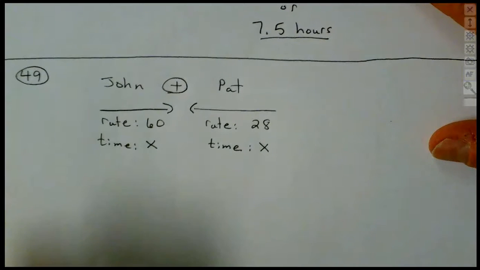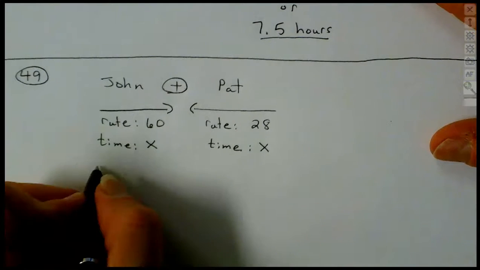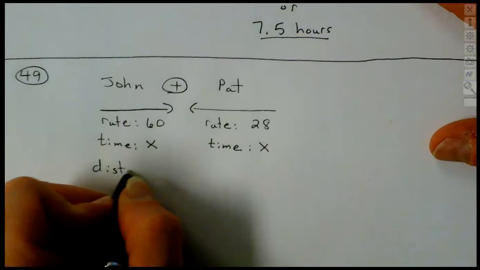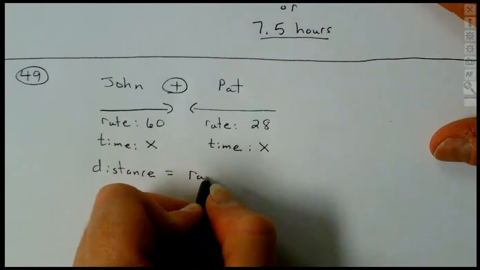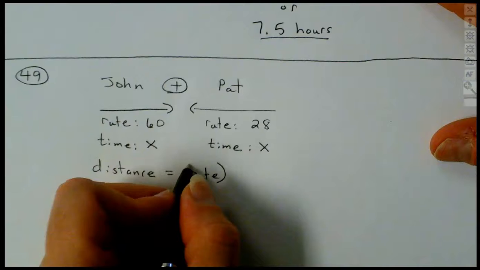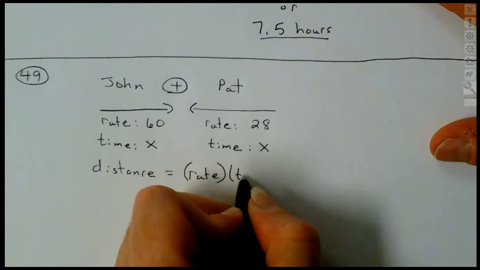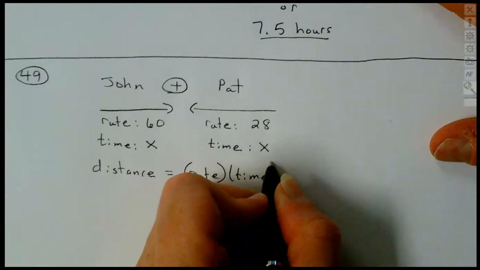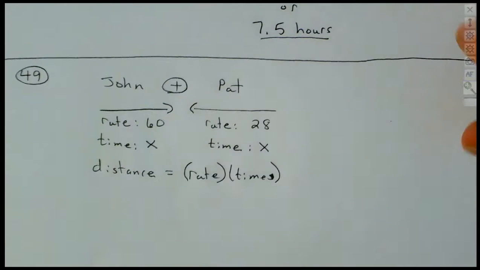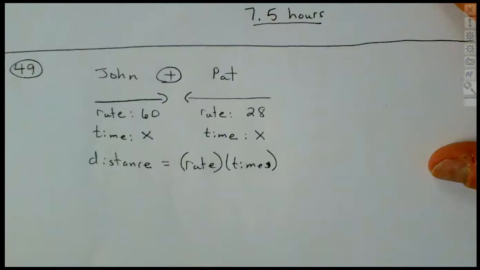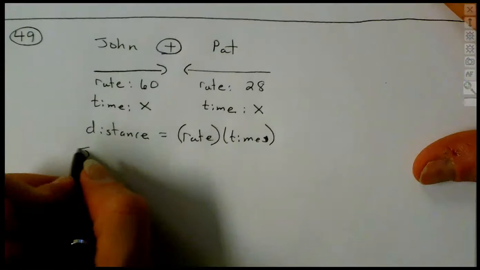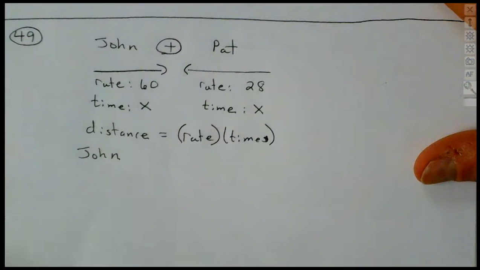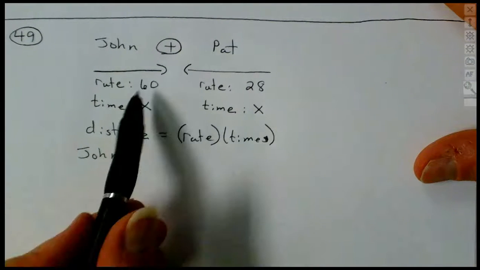Now we can make our equation off of the distance. And the distance again is the rate times the time. Rate times time gives you that distance. So what's John's going to be?